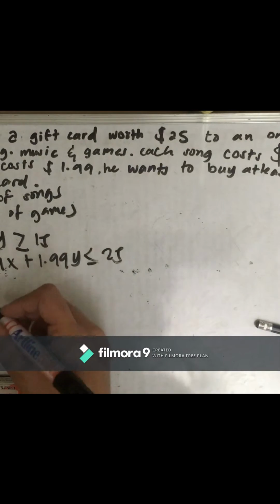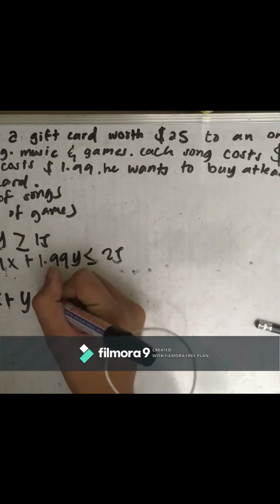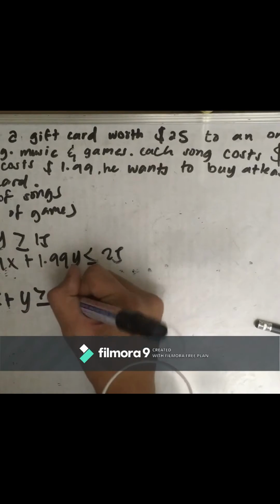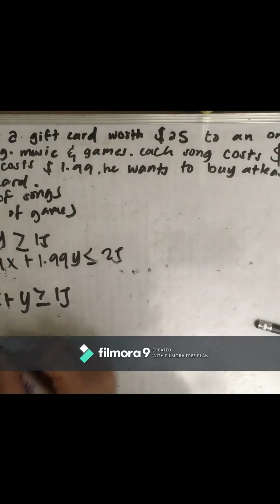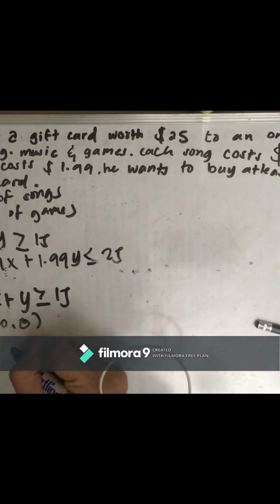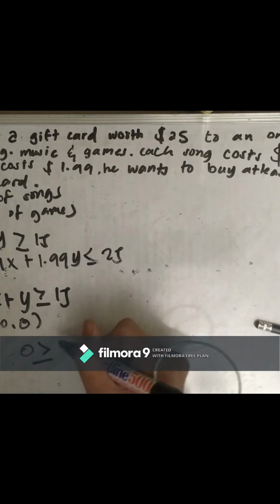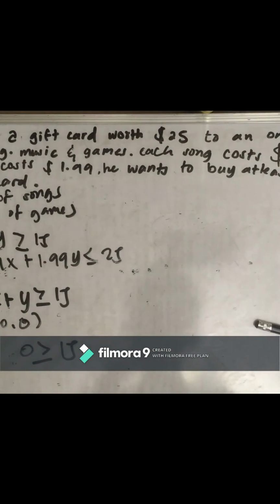To shade x plus y is greater than or equal to 15, we will substitute 0 and 0. By substituting, x plus y will become 0. So is 0 greater than or less than 15?